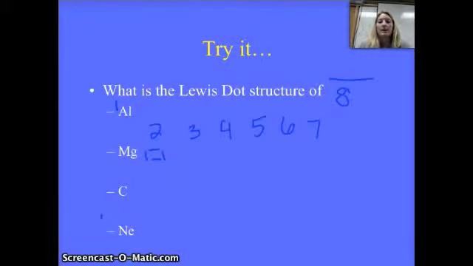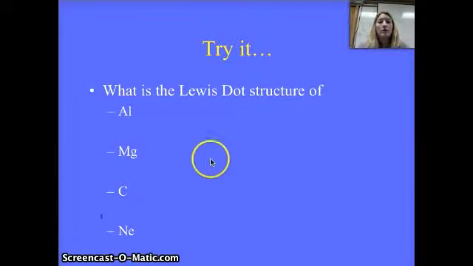So let's try a few examples here. What would be the Lewis dot structure of these elements? Now it's pretty easy to tell based off of the periodic table because all you've got to do is count across. So we know aluminum, we would show Al, and if we count over, it is 3 spots over. So that means it would have 3 valence electrons.